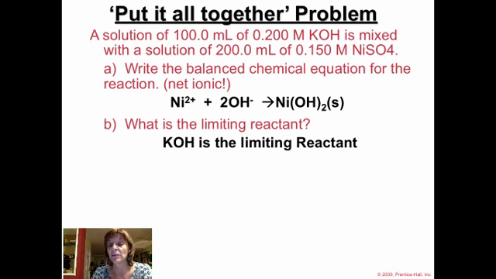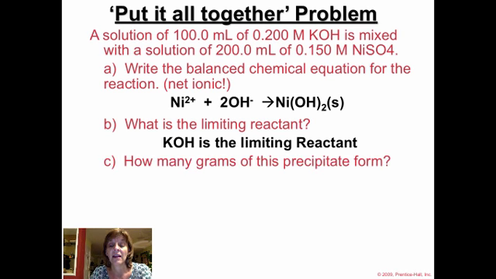Okay, you should have found the potassium hydroxide is the limiting reactant. If you didn't, go back and try again. Remember, take the volume times the molarity to get the moles of each solution and then compare. And don't forget the fact that there's a molar ratio of 1 to 2 in the equation.